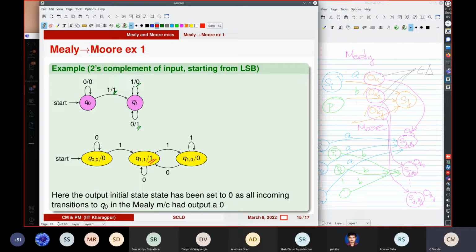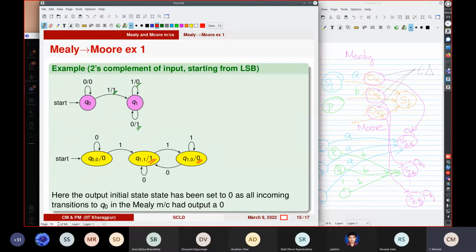So this one is indicating that when I'm in Q1 1, I'm giving an output of 1. And when I'm in Q1 0, the output is 0. I think it might be okay. So when I'm in Q1 0, the output is 0. When I'm in Q1 1, the output is 1.